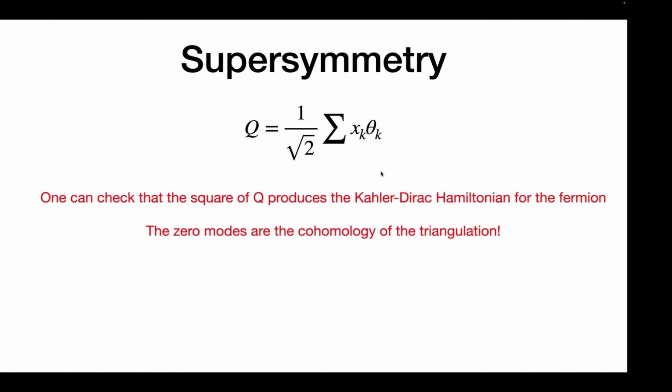So the idea is I'm going to build a supersymmetry, which is I sum over the bosons and the fermions just naively. And if I square Q, when the thetas are equal to each other, theta squares to 1 because they're Majorana fermions. And then I get xk squared. That's my bosonic Hamiltonian. And when the thetas are different, then I get them in two possible orders. And when I get them in the two possible orders, I have to order them in the same order.